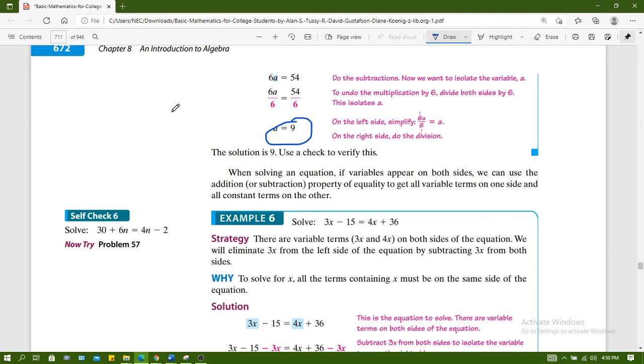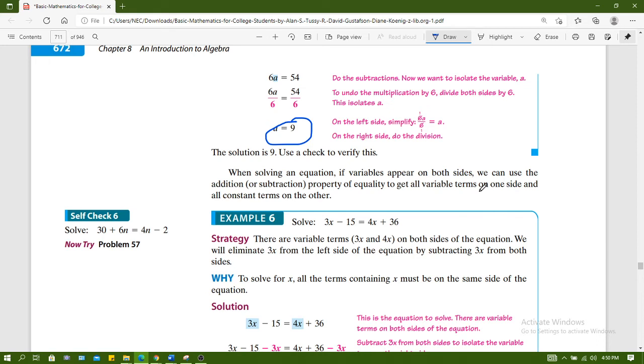So you need to check to verify your answer. The solution is 9. Let's read this. When solving an equation, if variables appear on both sides, we can use the addition or subtraction property of equality to get all variable terms on one side and all constant terms on the other side.